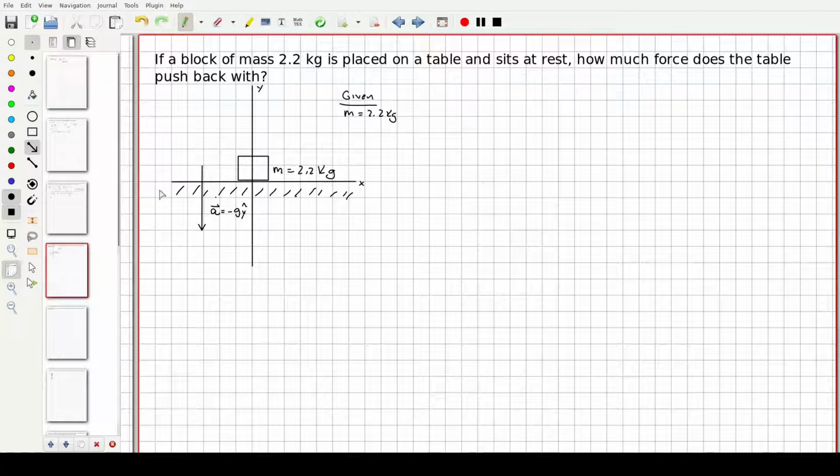So if you were to look at this from a force standpoint, the block experiences a force down due to gravity and its weight. But there's also a force up that the block experiences due to the table pushing back on it. Now it's this force right here, the force of the table on the block due to the fact that it's in contact with it and pushing on it, that we call the normal force.